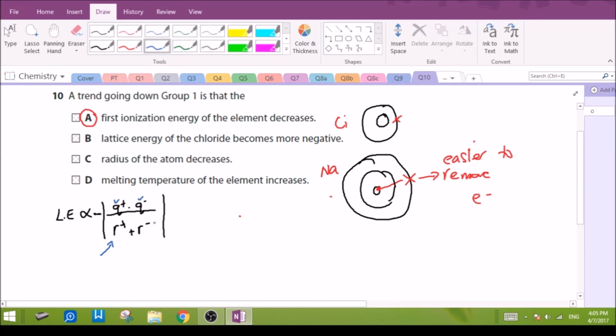As you go down the group, the size of the ion increases. This means that the denominator here increases, and that means this number will be getting smaller and smaller.